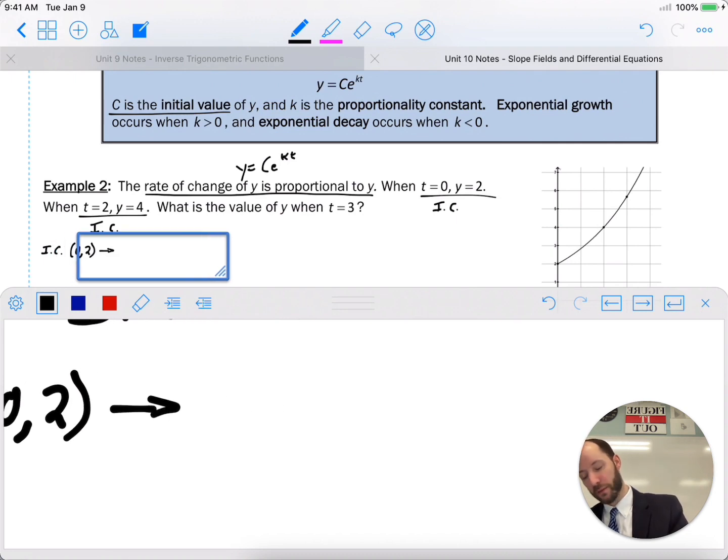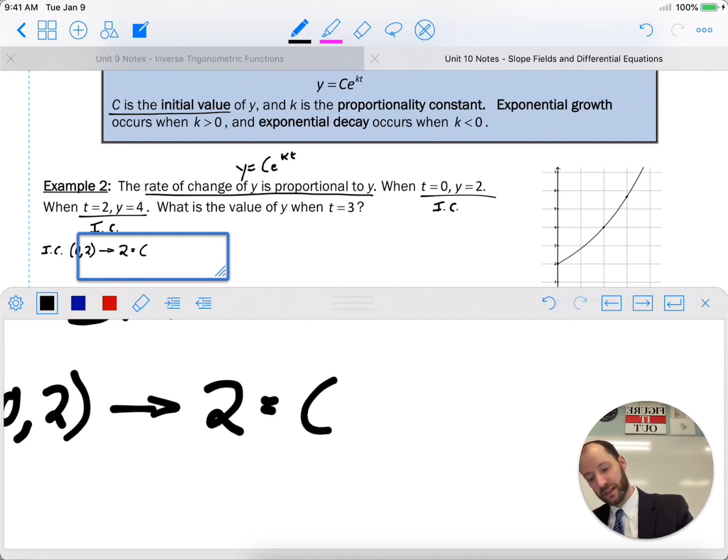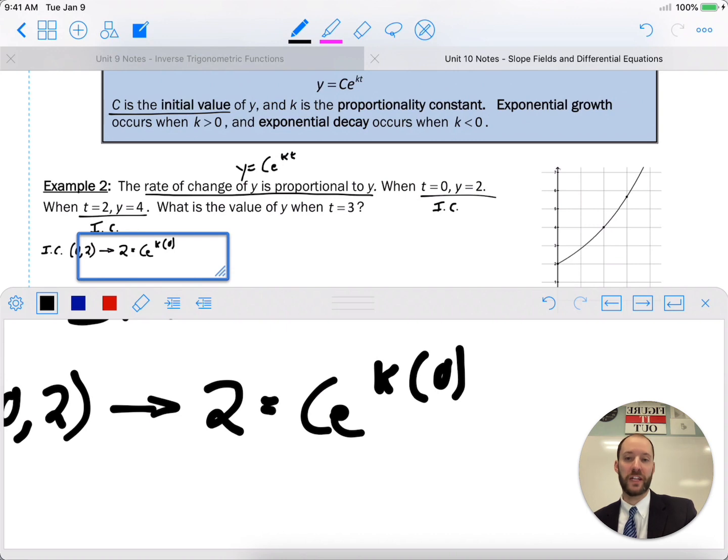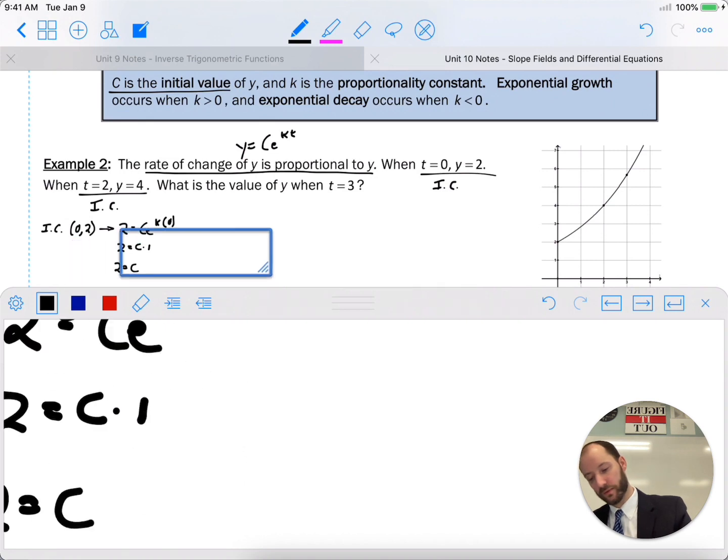So 2 is my initial y value, equals c e to the k times t, which in this case is 0 from our initial condition. So anything to the 0 is 1. So c equals 2.